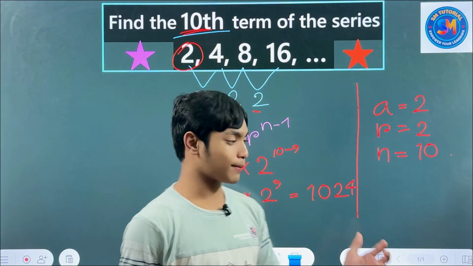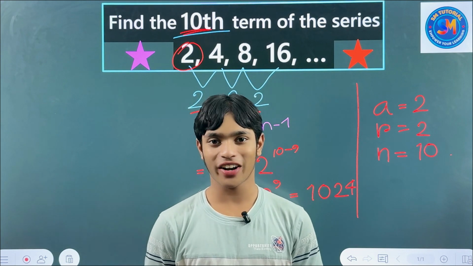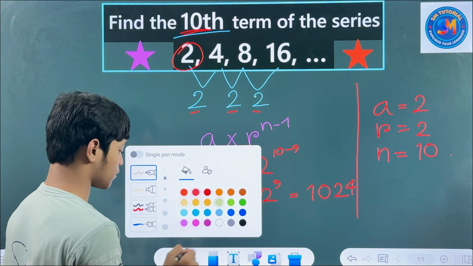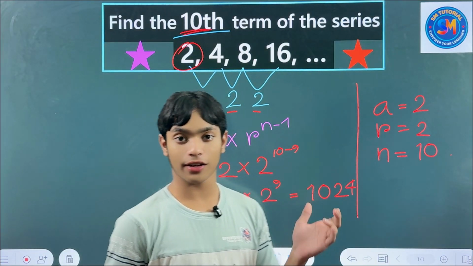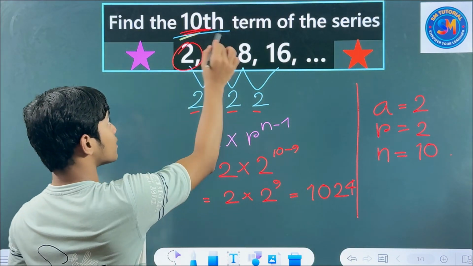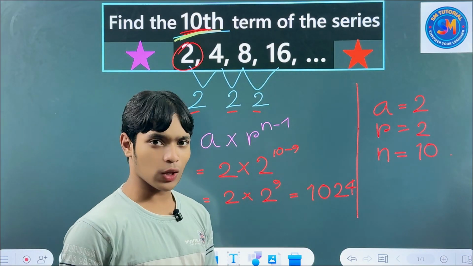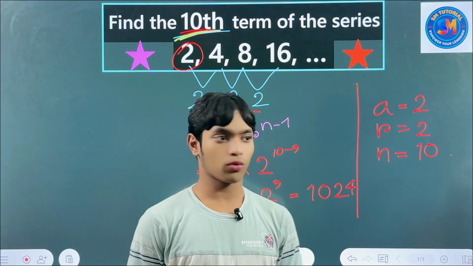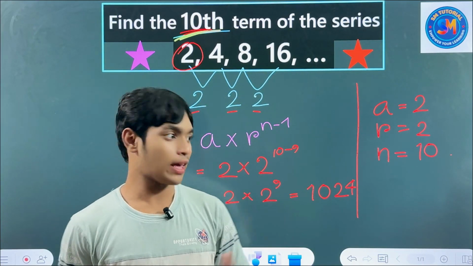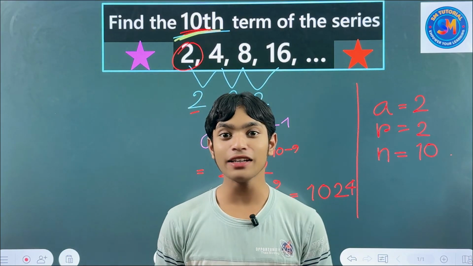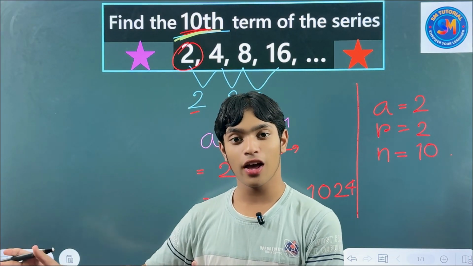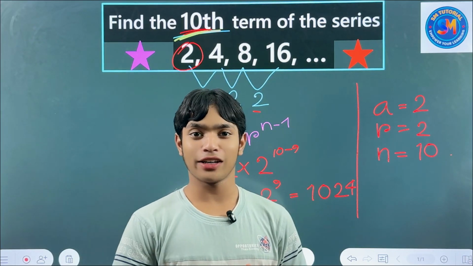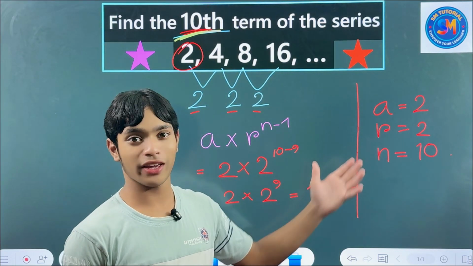So 1024 is our required answer, our 10th term of the series. It multiplies by 2 each time, so after 90 more multiplications we would get the 100th term. Just ignore that and don't go calculating it.